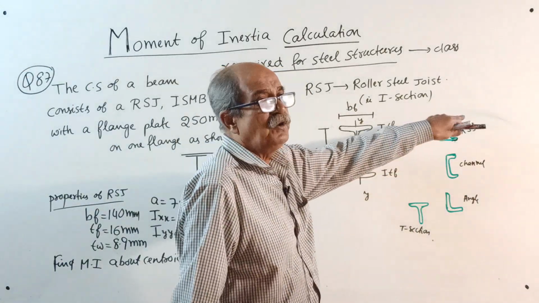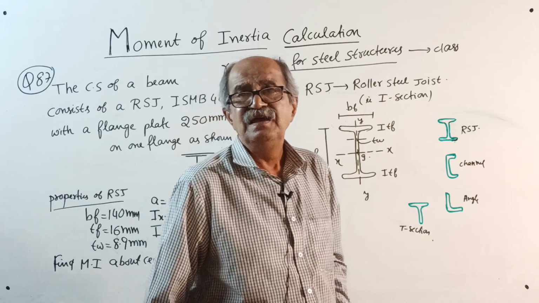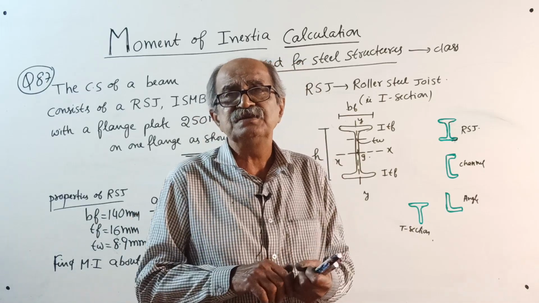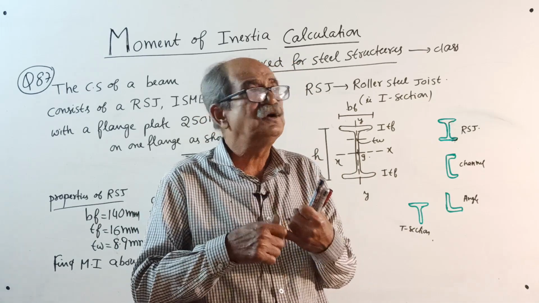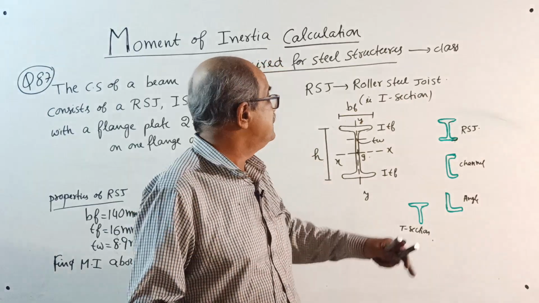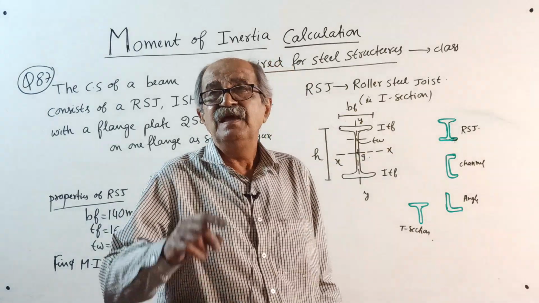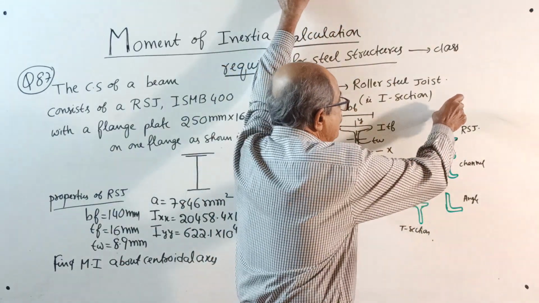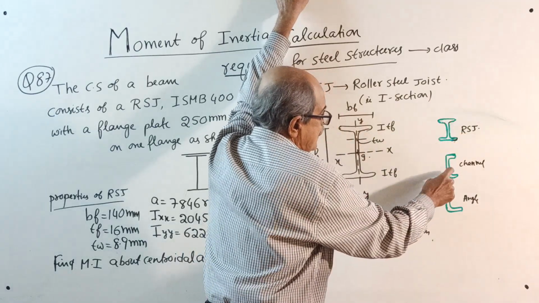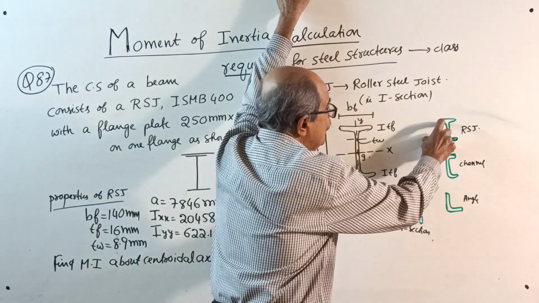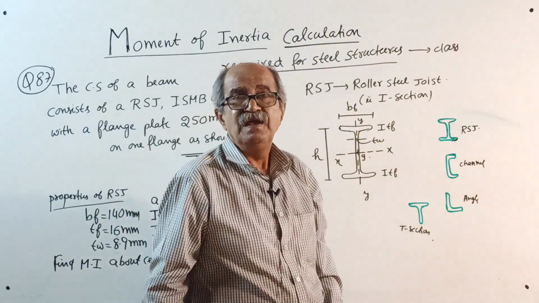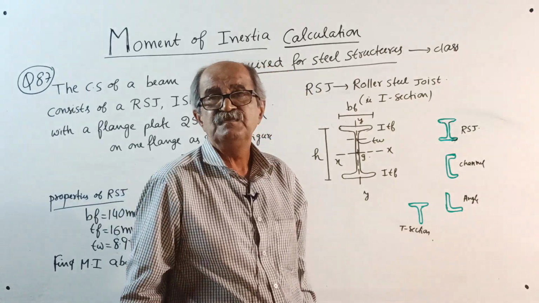For all these sections, in the IS handbook, properties are given: dimensions of the section, the width here, the depth here, the thickness everywhere. Even for the curvature, the radius of curvature is given there.